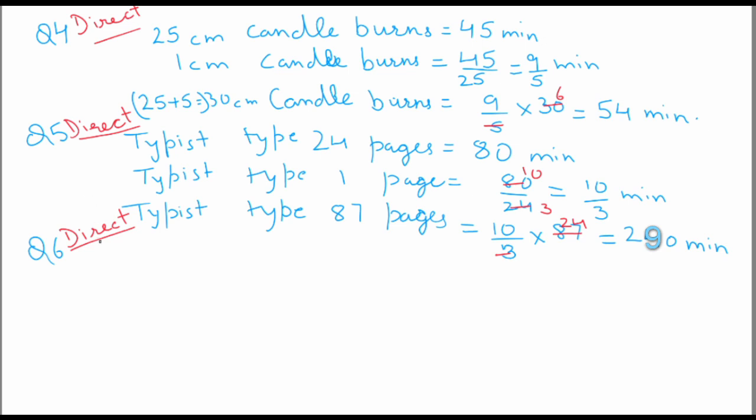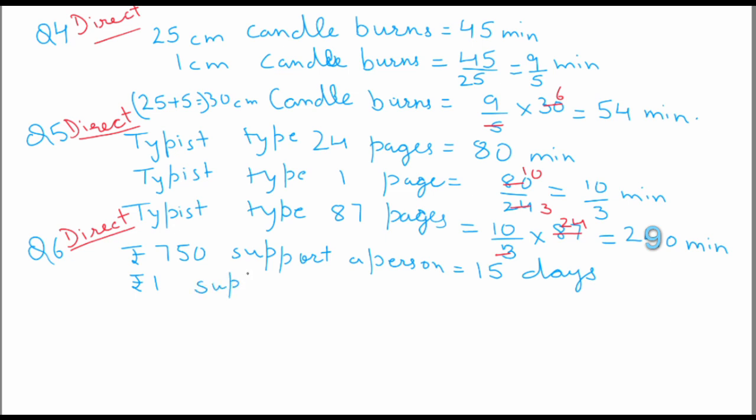So what we are going to do here: rupees 750 support a person for 15 days, and rupees 1 supports a person for 15 divided by 750, and we can cut it with the 15. 15 ones are 15, 15 fives are 75, that is 50.